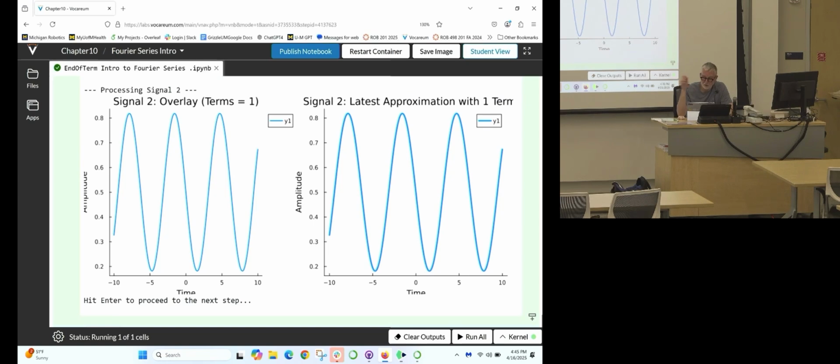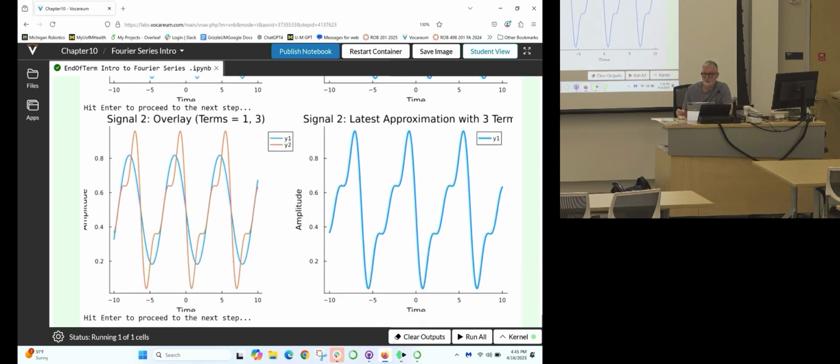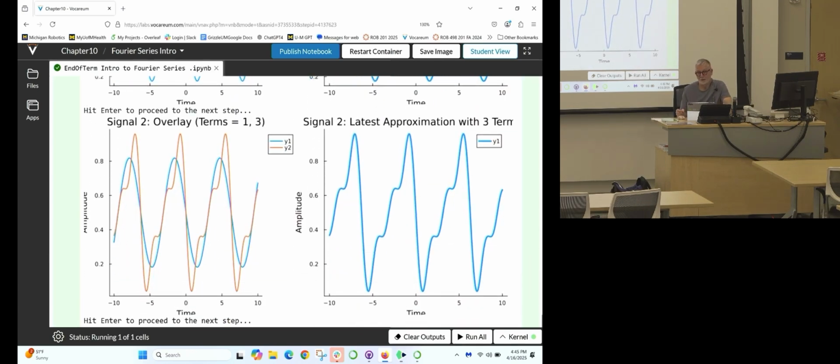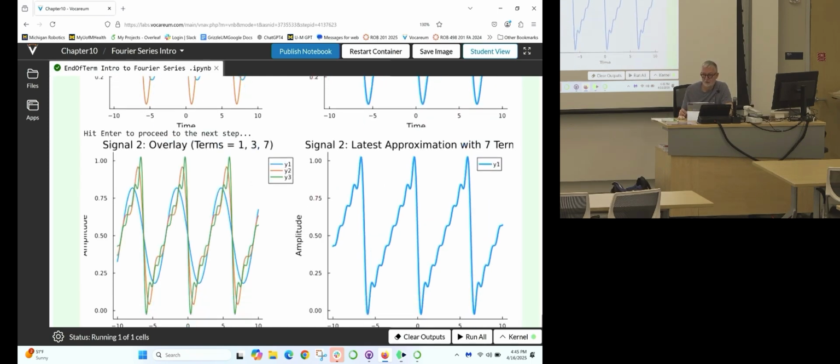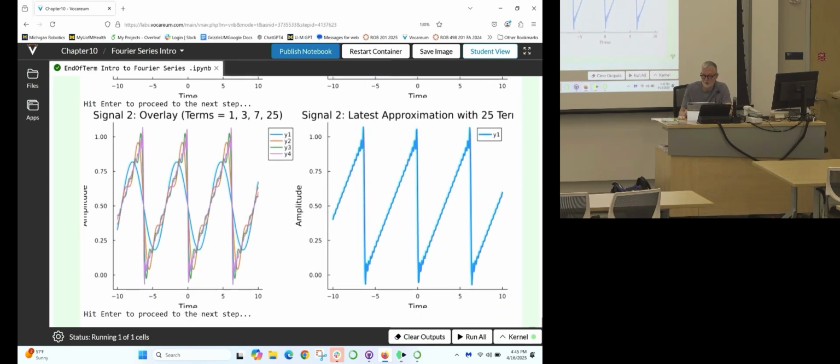You've got the first term in the Fourier series. Can you tell what it is? Not so much, right? That's not enough information. There's three terms. Now you got it. Everybody got it. Sawtooth. Let's just do a few more.